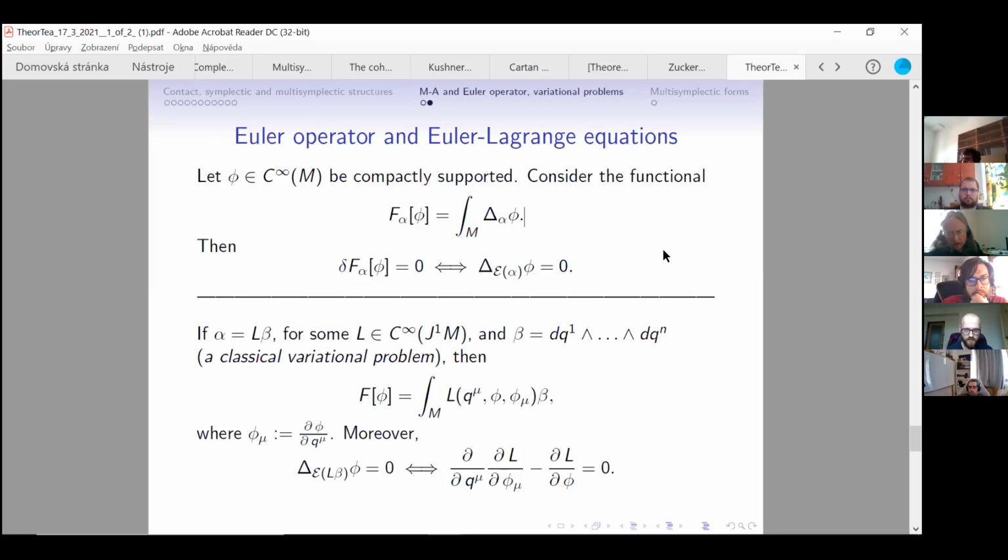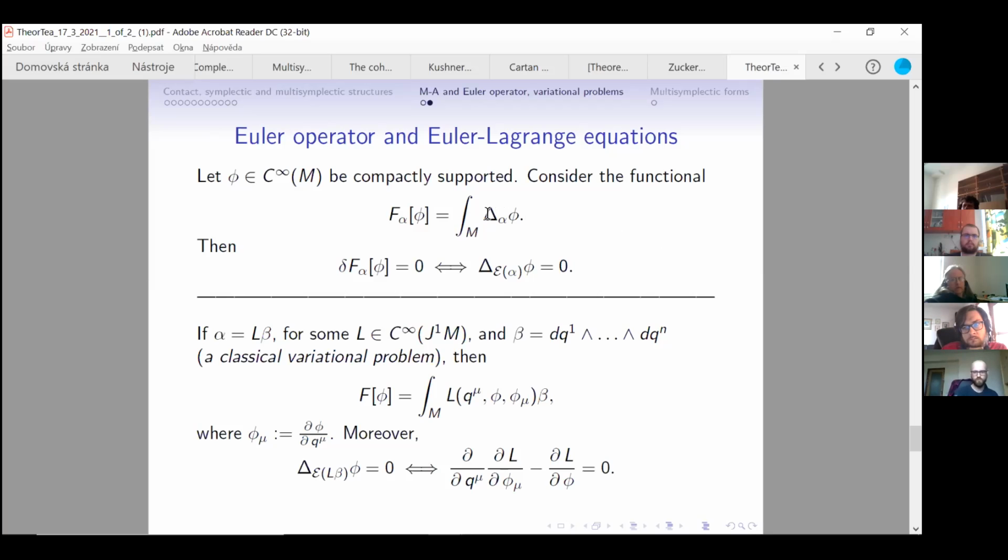Delta alpha phi is just the pullback of alpha along J1 phi, where J1 phi is a section of the bundle J1M to M.